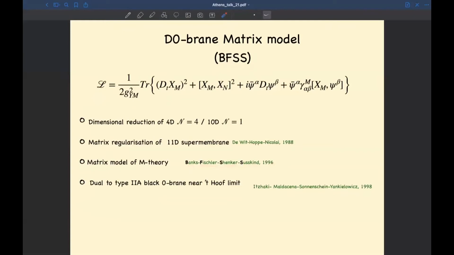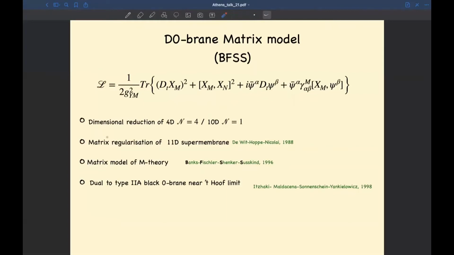The model has a Lagrangian of this form, and it consists of bosonic matrices, which I call here X, and fermionic matrices. M runs from 1 to 9, so you have 9 bosonic matrices, while alpha runs from 1 to 16, so one has 16 fermionic matrices.